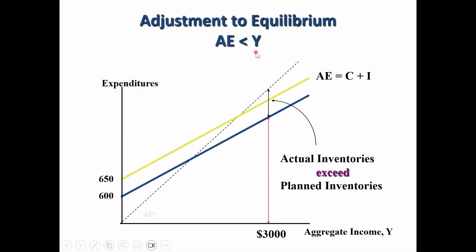We have here Y larger than aggregate expenditure, actual inventories exceeding the planned inventories, because actual inventory is equal to planned plus a positive change in inventory.